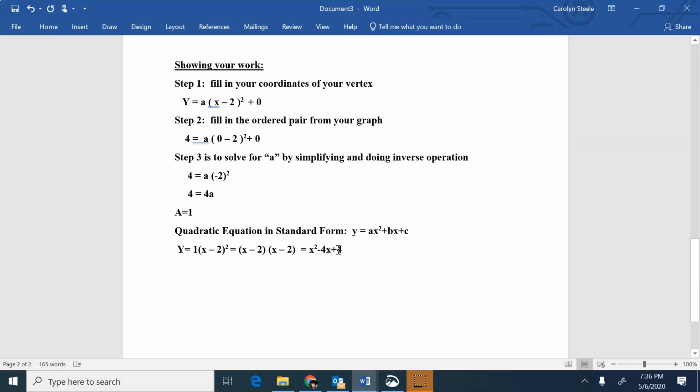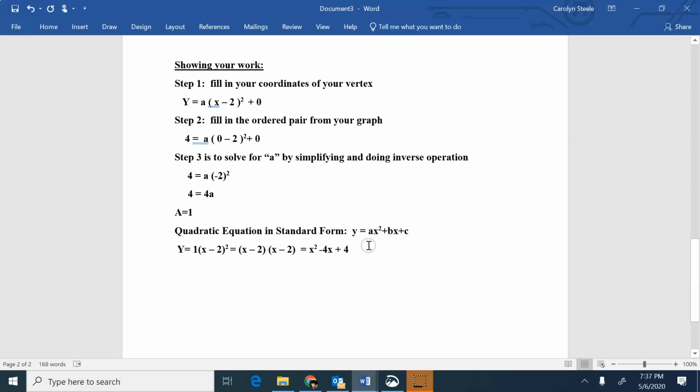And the reason it's equal to that, guys, I think y'all remember how to multiply these, so we won't belabor it. It's the full method: x times x, minus 2 times x, minus 2 times x. Add those two to get your middle term, minus 4x. And the last terms, minus 2 times minus 2, give you plus 4.